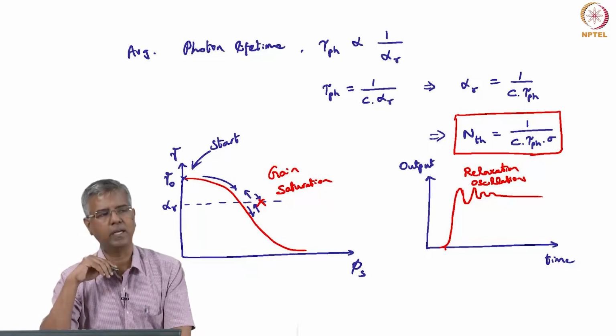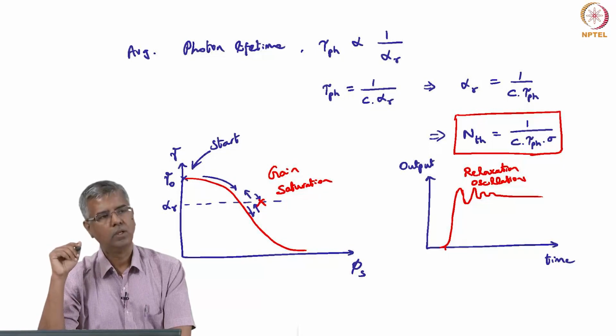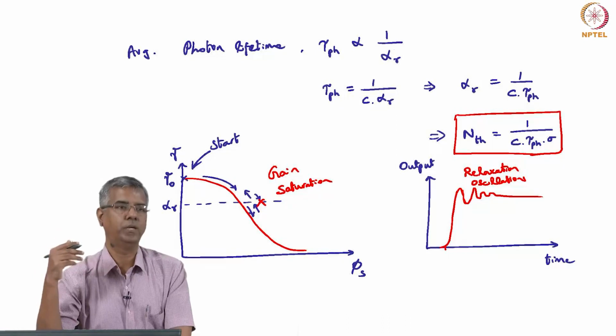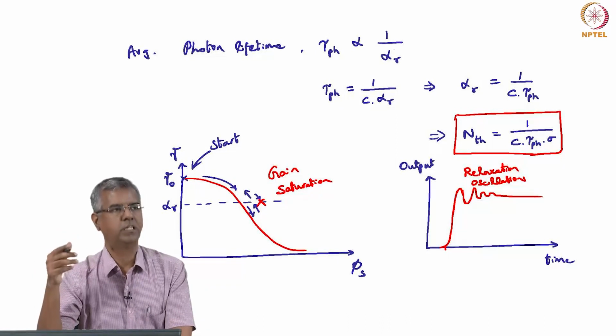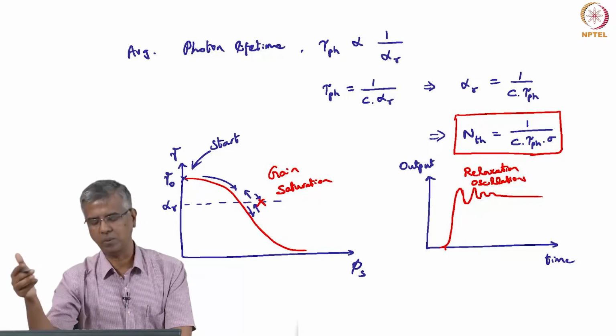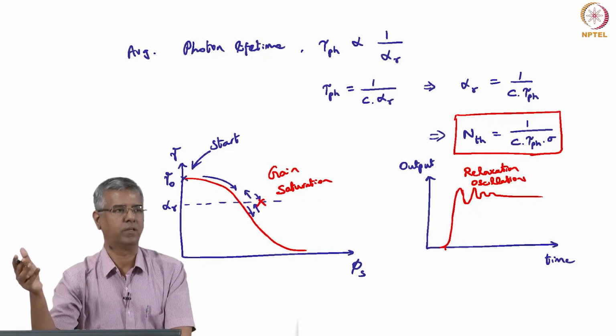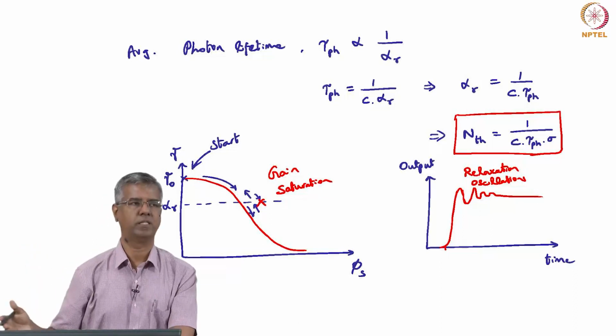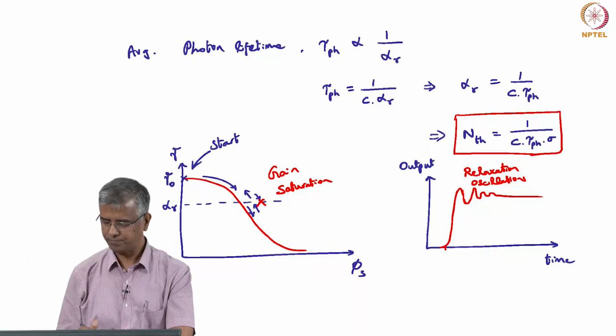And at the steady state, you need a certain number of pump photons to provide the inversion, or the gain, necessary to overcome the loss, but any excess pump photons are now contributing to the signal photons, and that is the output that we are seeing in the steady state.